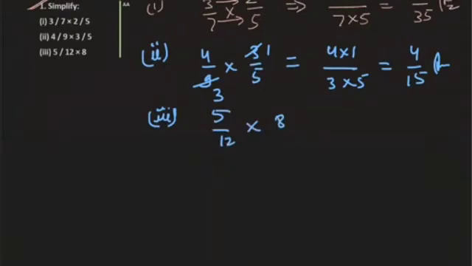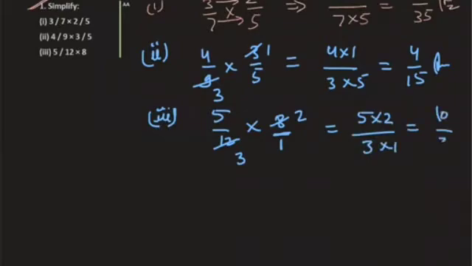There is nothing in the denominator of 8, so we will take 1 there. Now 4 2s are 8, 4 3s are 12. So finally 5 into 2 and 3 into 1 in the denominator. 5 2s are 10 and 3 1s are 3. Clear? Is it simple?